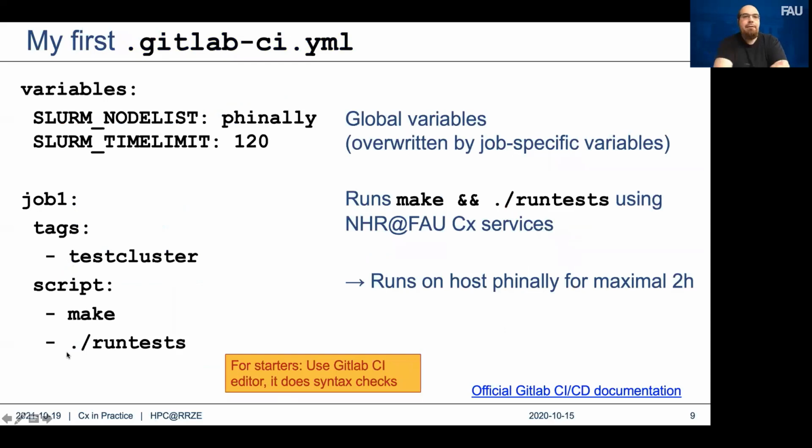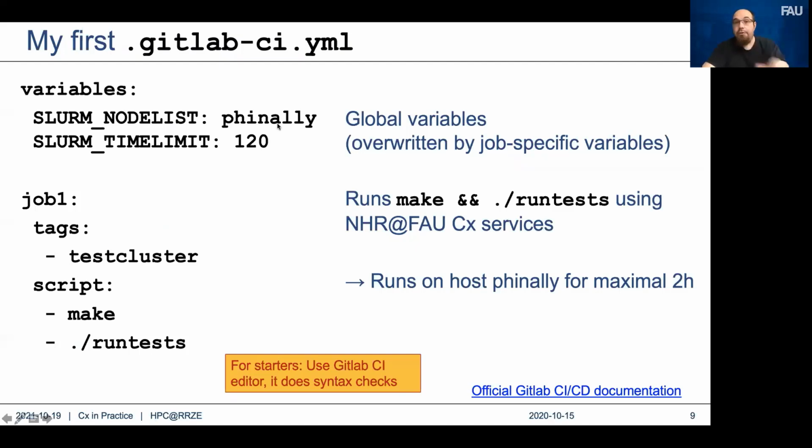So here is our first GitLab CI YAML file. I'm using a slightly different one in the demo, but that's basically it. If we have some variables, we can define global variables on top. Here in that case, these are the default variables that we set in the CX system.